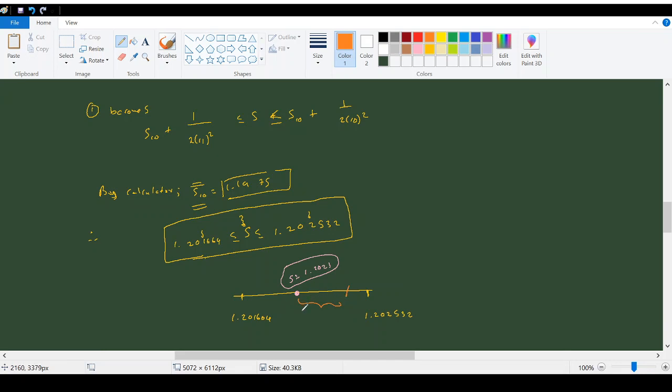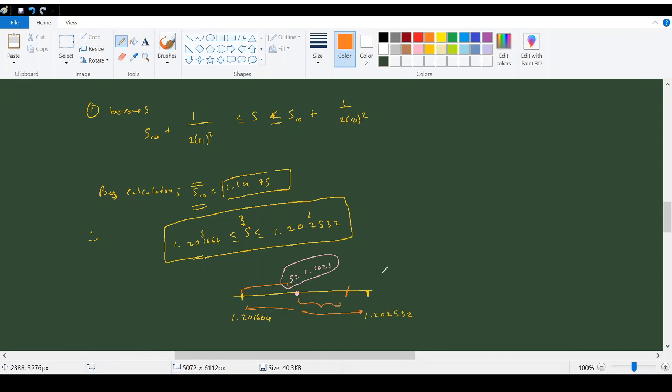So the maximum distance that this can go is up to this point or up to this point, which in turn says that the maximum error that you can have is this length, half of this total length, right?